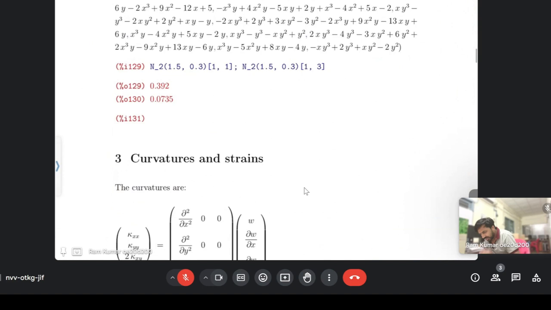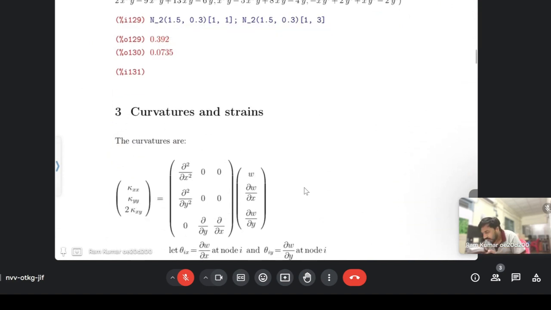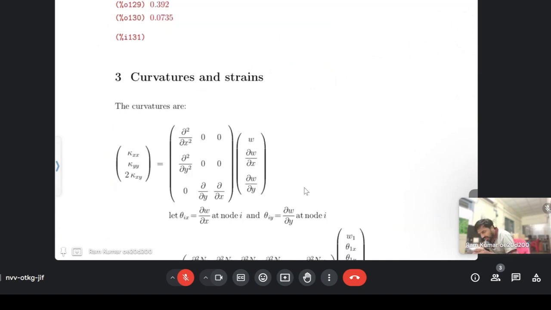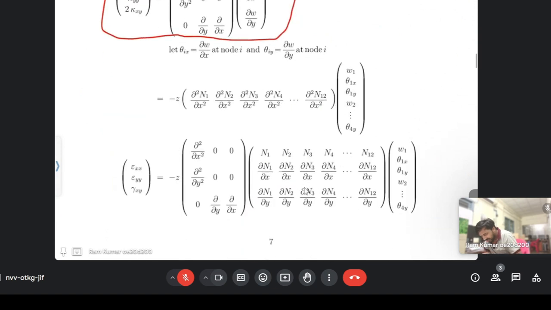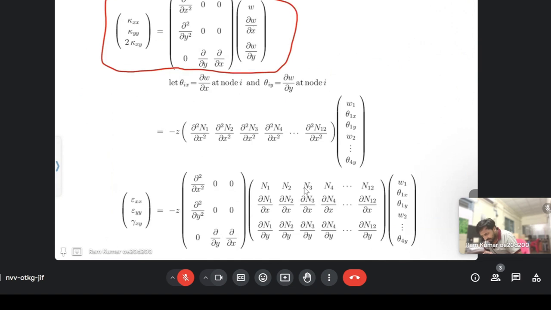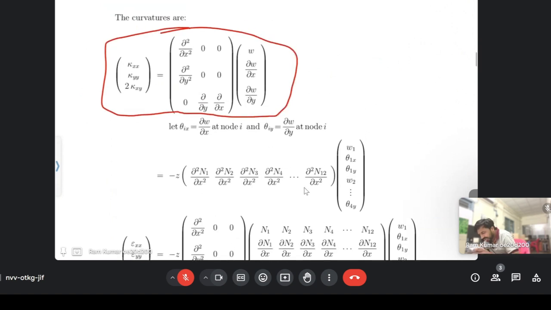Yes, this one N2, fine. Now this one I think is curvature. If you go through that video, you will get how to write this equation. What is K? This K is the curvature.